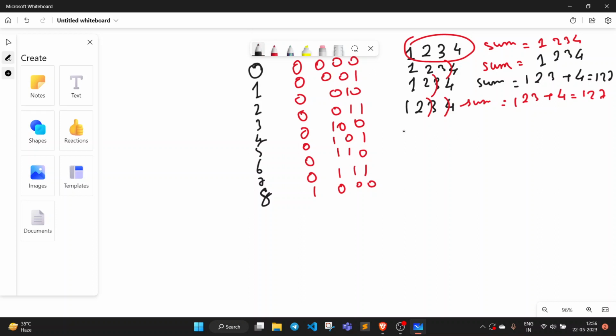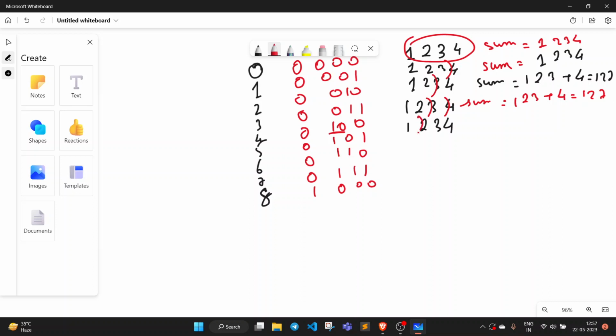Now 1 2 3 4. Now we are in this part. So our partition ends at the first position, or second position, since it is zero based indexing.